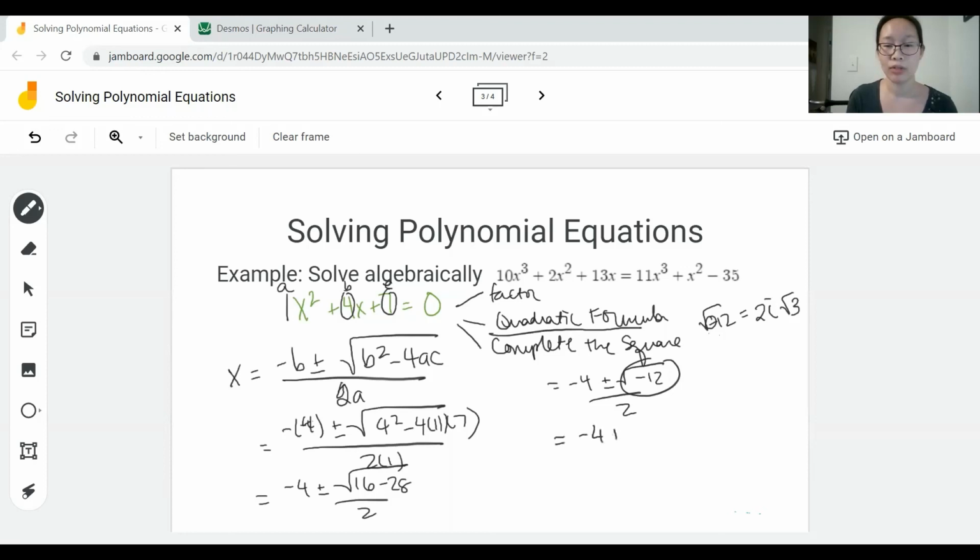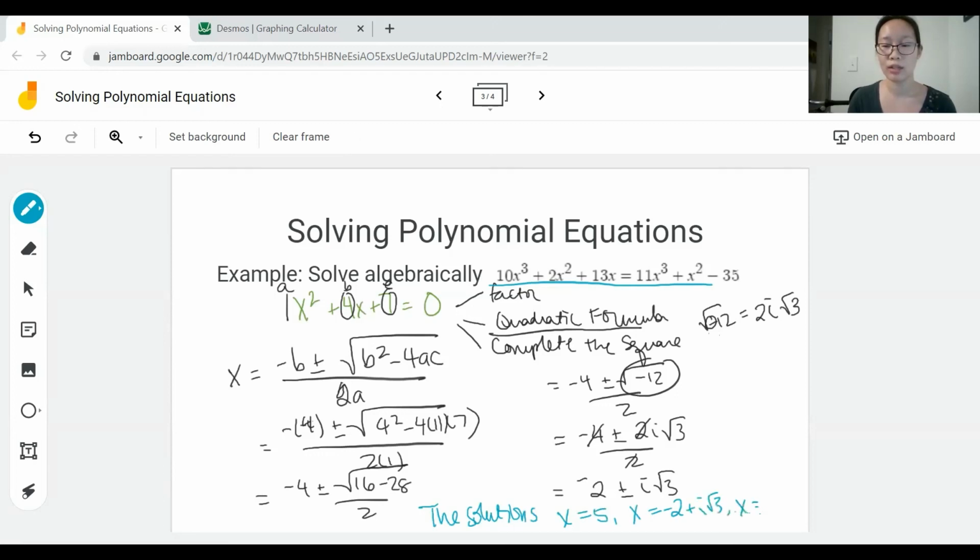So that means I can rewrite this as negative 4 plus or minus 2i root 3 over 2, and then I can divide 2 from each term. So that leaves me with negative 2 plus or minus i root 3. That means when I put it all together, the solutions of this equation are x equals 5, x equals negative 2 plus i root 3, x equals negative 2 minus i root 3.